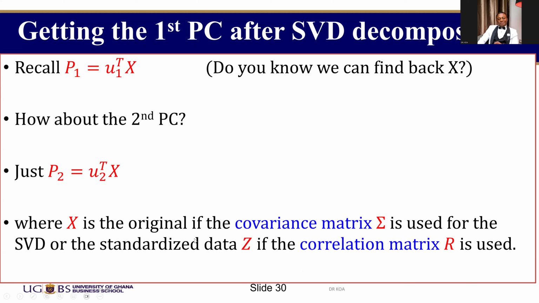Now, for the original variables, I'm using X, because we are dealing with covariances, which is the sigma here. But when we have standardized the data, then the X becomes the Z, because by that time we are using the correlation matrix. So take note of this.